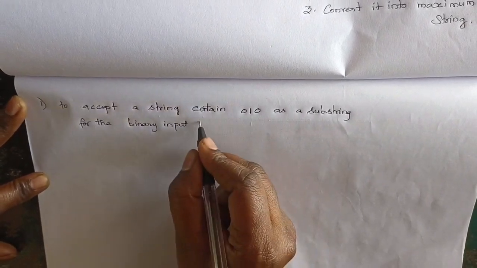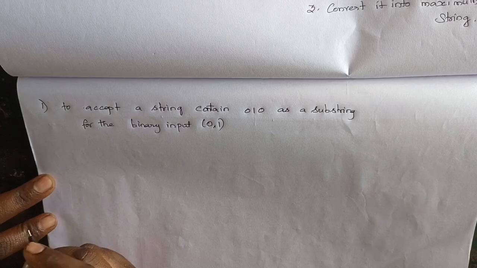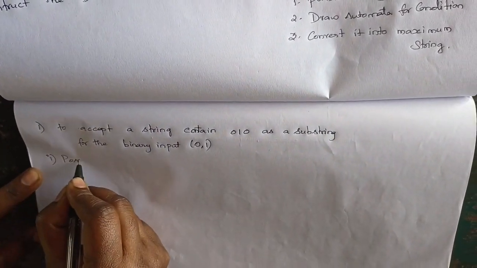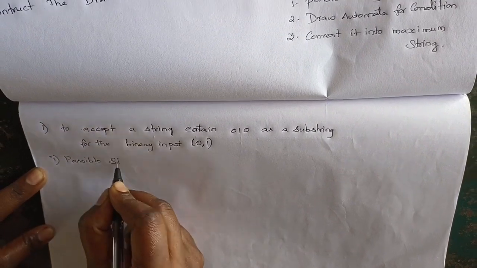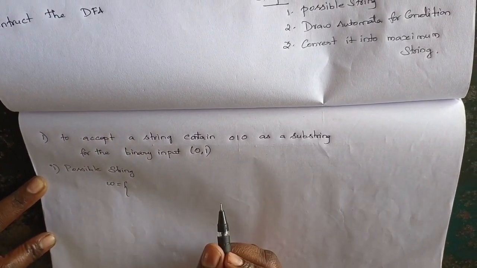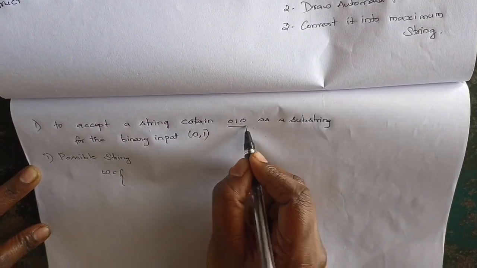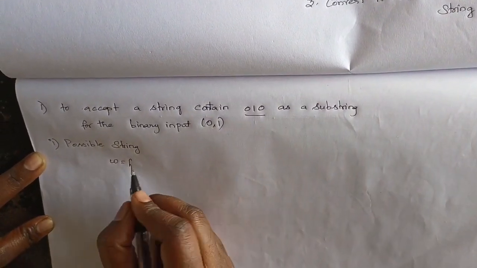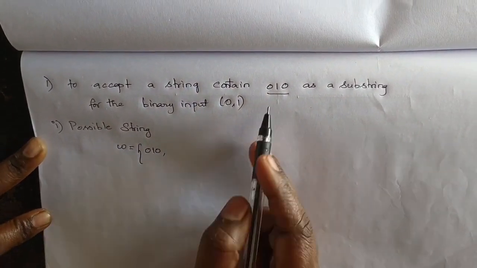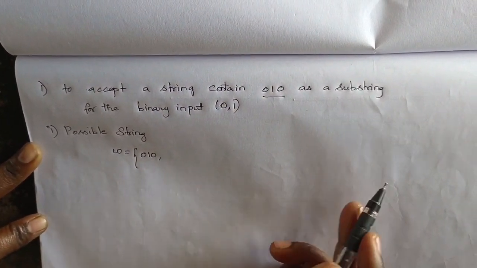The binary input is nothing but 0, 1. The first step is the possible strings. The first possible string is what the condition in the question gives. Suppose 0, 1, 0 is the first possible one. It is the substring in any pair of the automata.